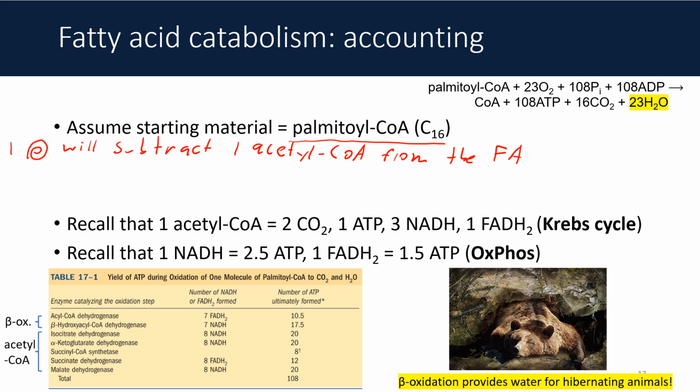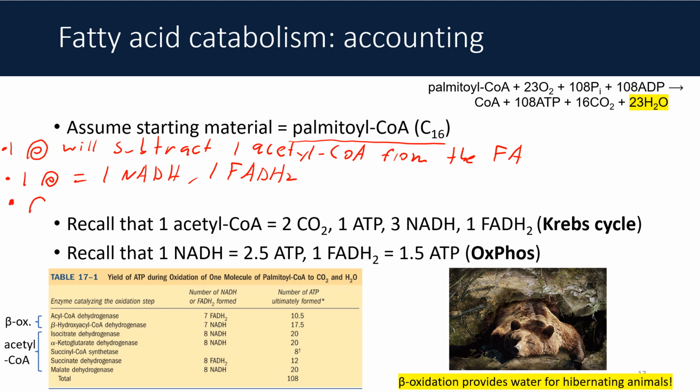The second rule is that one spiral will generate one equivalent of NADH and one equivalent of FADH2 because there's two oxidation steps. The third rule, in my opinion, is the most tricky.